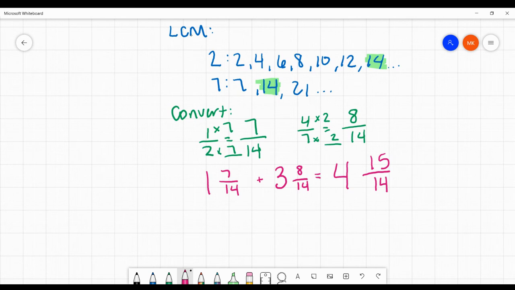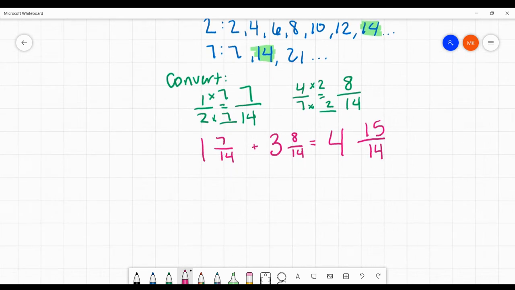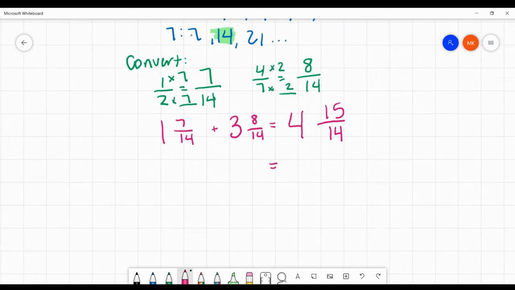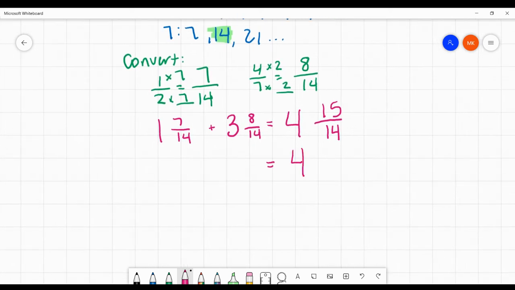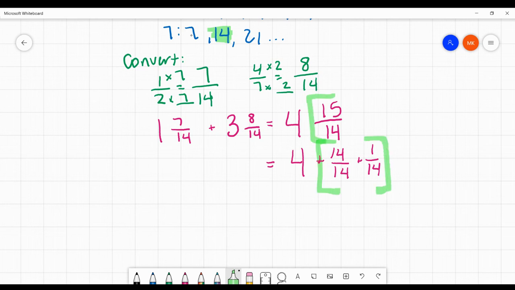And again, it's important to realize that this is an improper fraction, meaning I can simplify. So if I were to break this down, I would get 4 plus 14 over 14 plus 1 over 14. And this here, again, is broken apart of my 15 over 14.